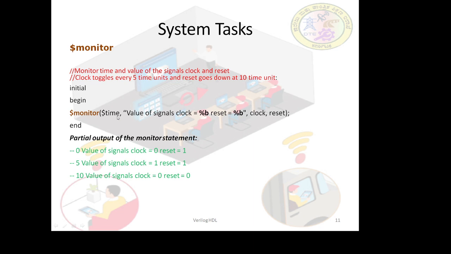So first we'll display the current simulation time, and then the value of the signal clock. At this particular time, what is the value of the clock? That we are trying to display in binary form, and then the reset value also in binary form. And these are the parameters we have used, that is the clock and the reset.